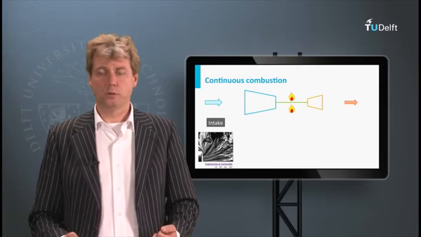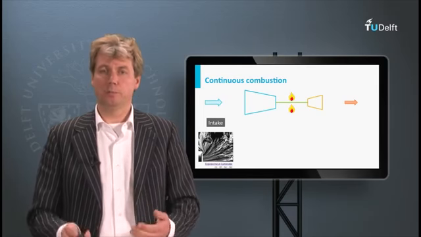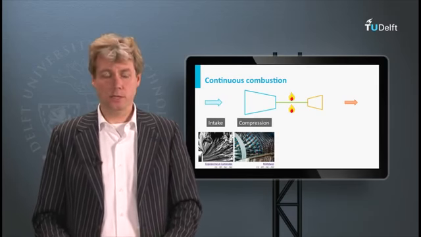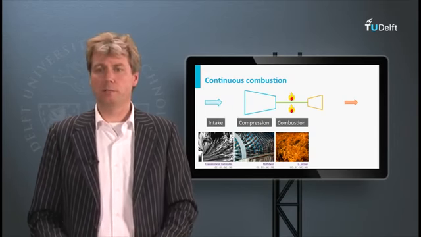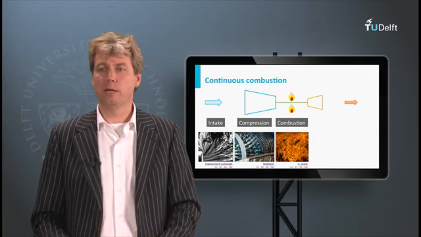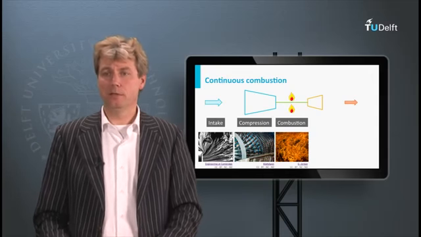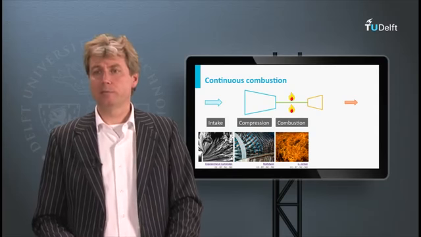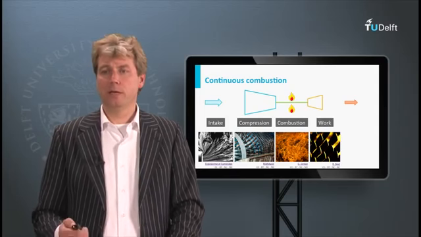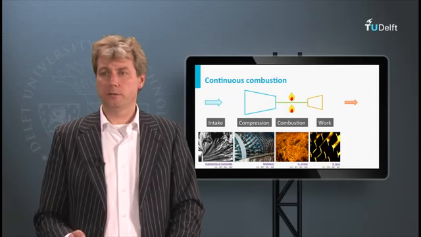So all the cycles which we know from a piston engine, you can still see in this engine. You see the intake, then the air is being compressed by a successive number of compression blades, and then it's heated in the combustion chamber, and then at higher temperature it expands again, does its work, and leaves the engine via the exhaust.